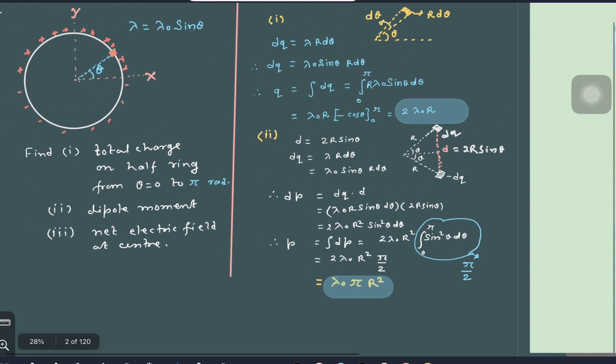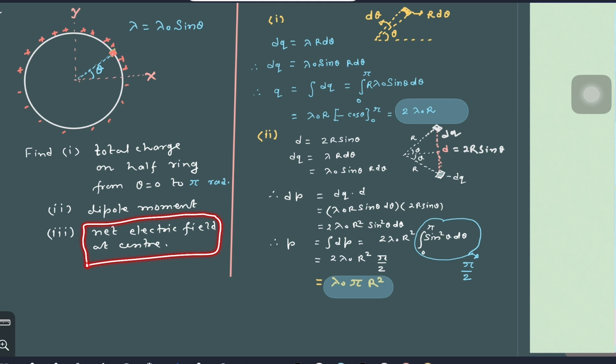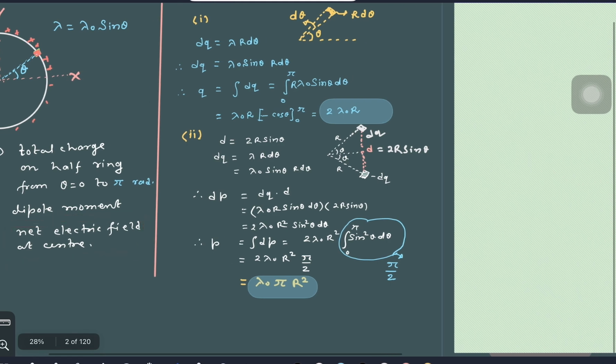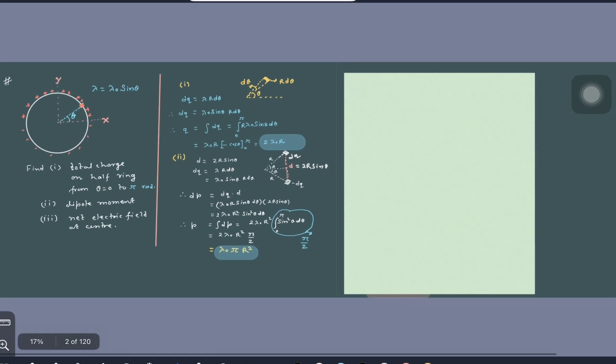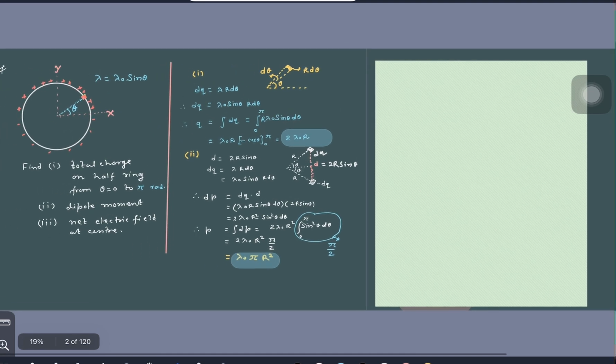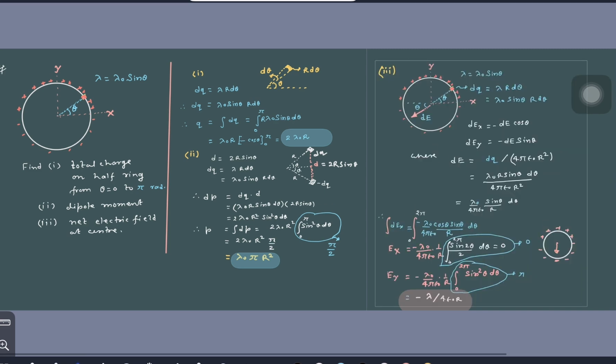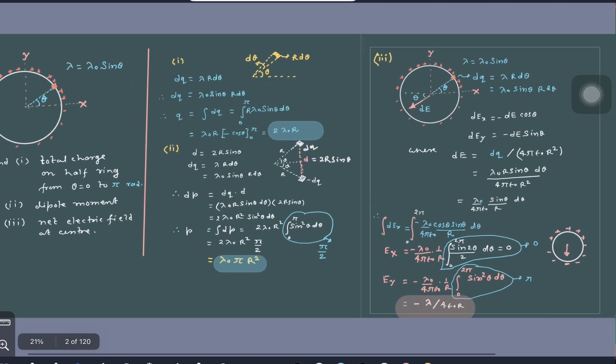And the next part is calculation of field. This is slightly tougher, not very tough. And calculation of field by half ring is given in many books, so it is not a very unique problem, but let us do it just for practice.